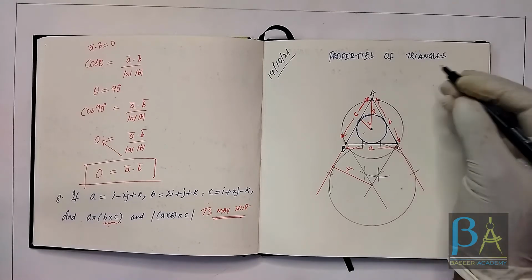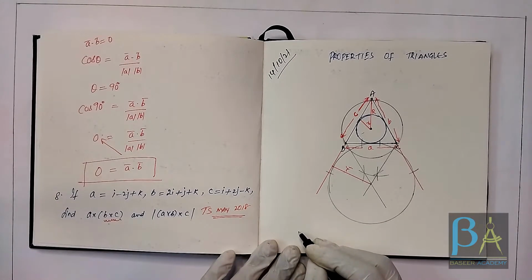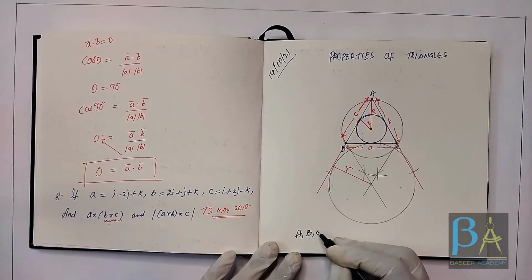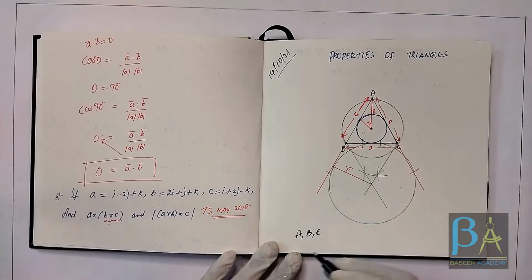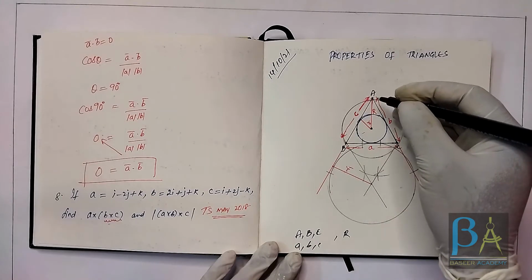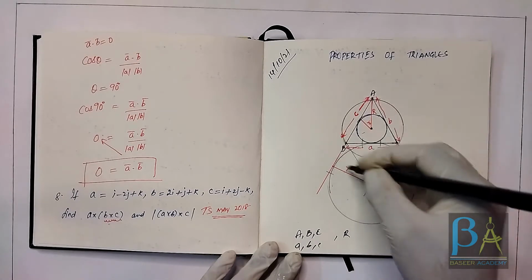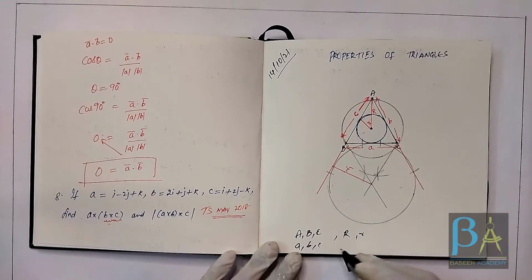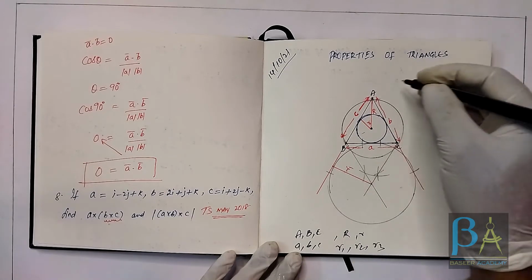These are the terms that you get to see a lot of times when you are dealing with properties of triangles. Capital A, capital B and capital C are the vertices of the triangle. Small a, small b and small c are the sides of the triangle. Capital R is your circumradius, which means it is the radius of the circumcircle. Small r is the radius of the incircle. r1, r2 and r3 are the radii of the excircles.